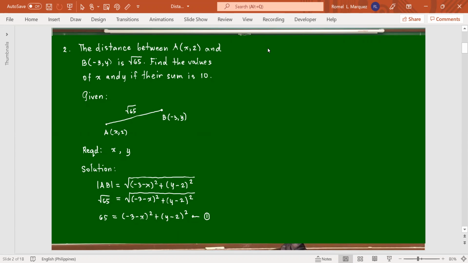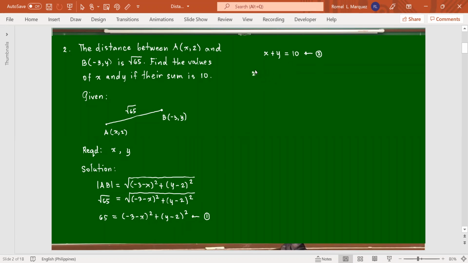What about the second equation? For the second equation relating x and y, we say that x plus y is equal to 10. So this is the second equation. If we're going to solve for either x or y, we can substitute it to the variable in equation number 1, to either x or y, depending on what we are going to solve here.